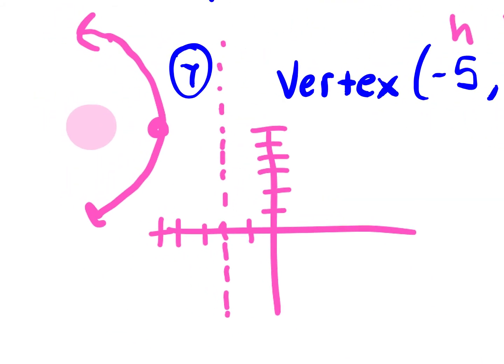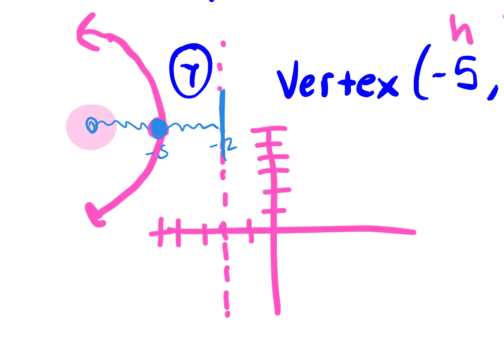So remember, our distance from the vertex to the directrix is the same distance from the vertex to the focus. So we're at negative 5 here, and this was at negative 2, so we're 3 spaces away in here. So that means we're 3 spaces away over here.